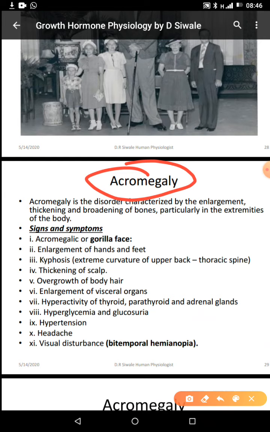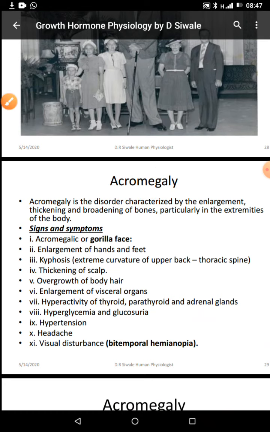But after puberty, when linear growth is complete and can no longer be influenced, excess level of growth hormone causes periosteal bone growth, increased organ size, increased hands and foot size, enlargement of the tongue, facial features, insulin resistance, and hypertension, headache. So this is hypersecretion of growth hormone, but in adults.